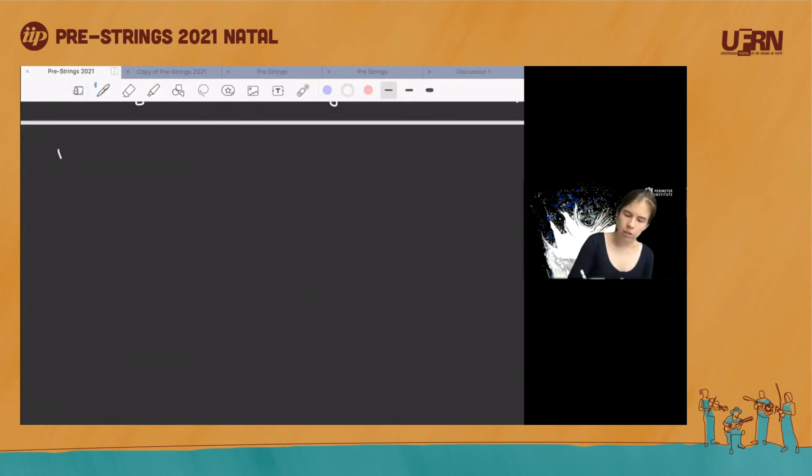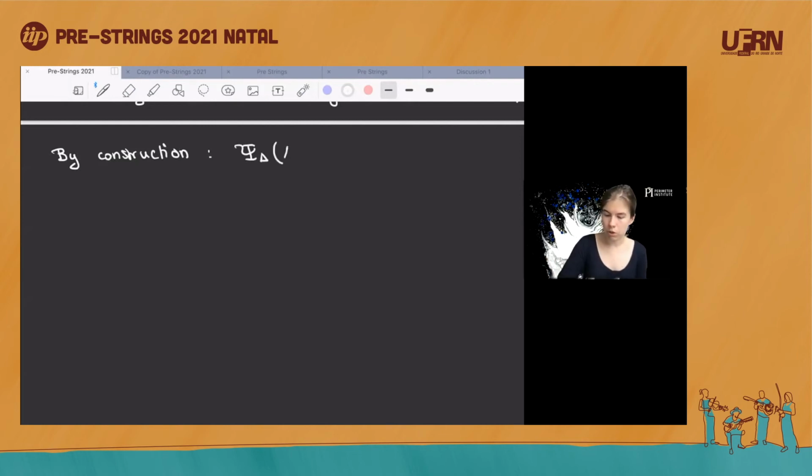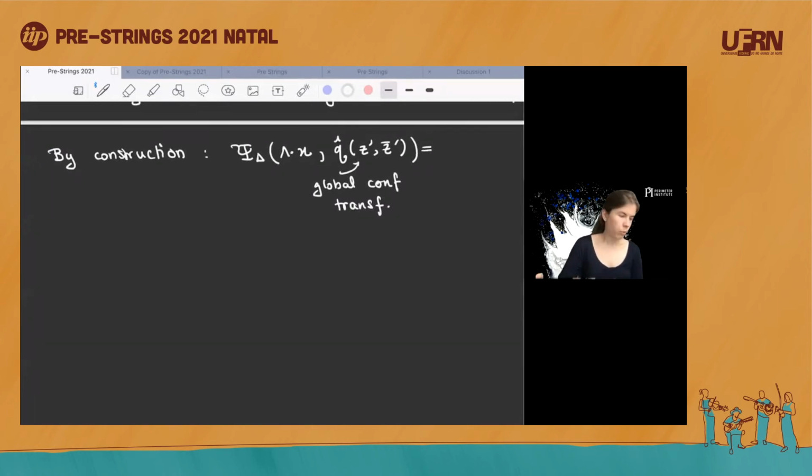So by construction, psi delta obeys the following property: under Lorentz transformations of X and conformal transformations on the sphere, so letting q hat of z and z bar go to q hat of z prime, z bar prime, where these are conformal transformations, this wave function transforms like a primary, like a conformal primary.